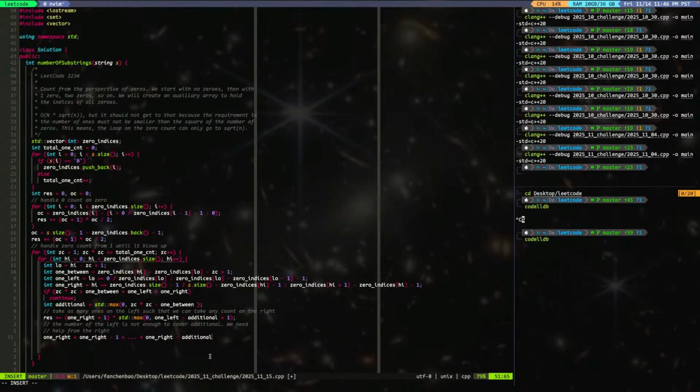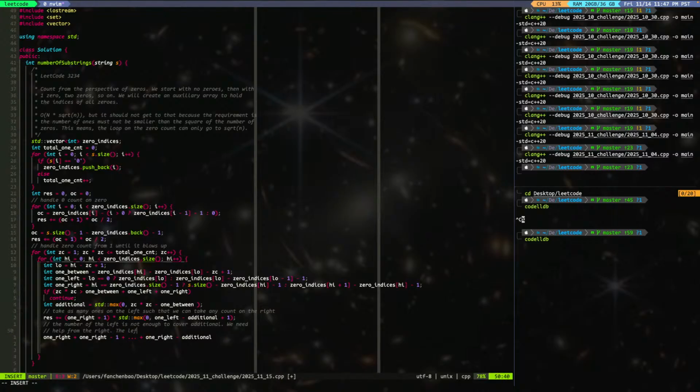If additional is 2, right, and then on the right I have, let's say 4 in total, so I have only 2. Yeah, so this is right. So we'll do this, but it might be negative, so it has to be the larger of this and then 0, right?